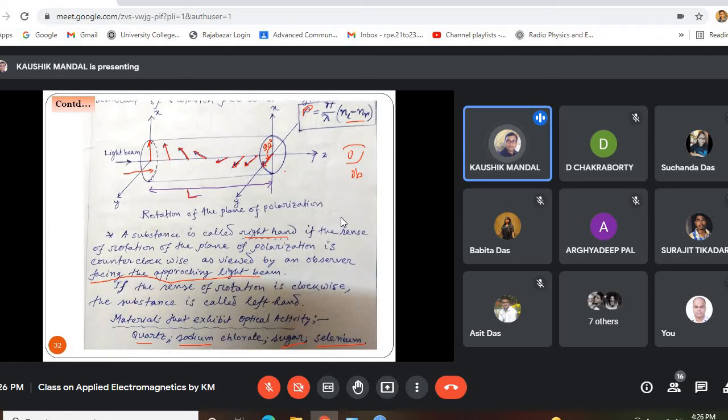Now if I ask, suppose the wave starts to propagate from this point A, it reaches point B, then it is reflected back due to some reflector. Then due to the optical activity, what should be the amount of rotation?